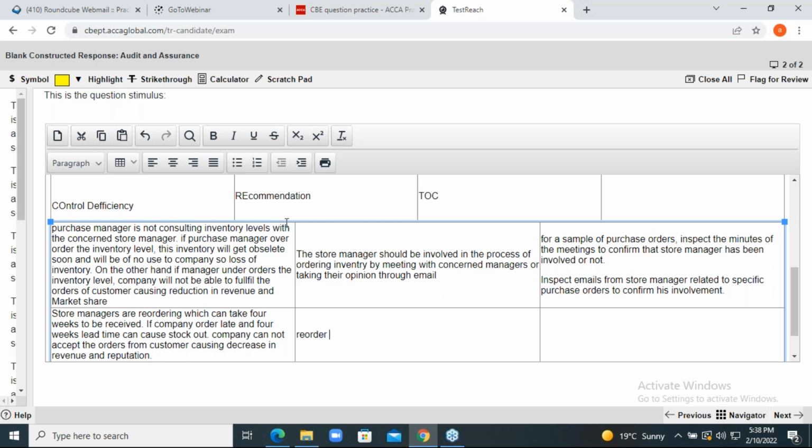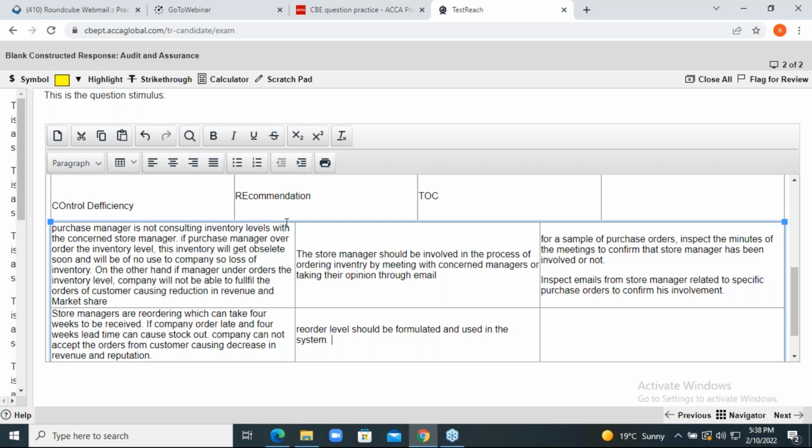So reorder level is the solution and should be formulated and used in the system.